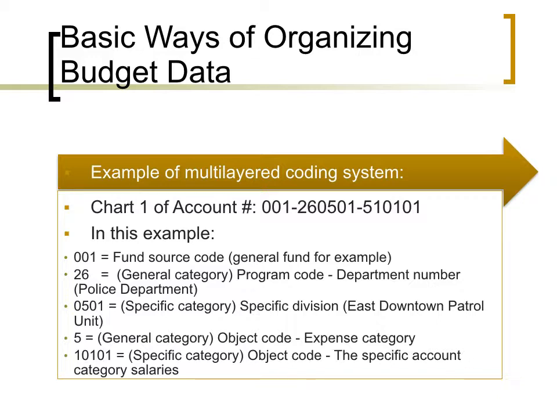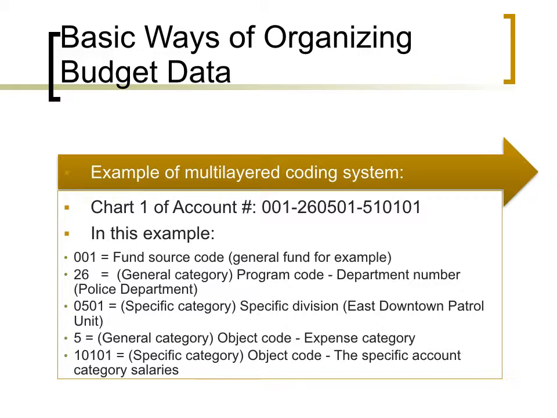Then I also have 0501. 0501 here is a specific category or division, and in this situation 0501 is the East Downtown Patrol Unit within the police department. So again, going back to our number, 001-260501 tells me that this is the general fund, this is the police department, and within the police department this is the East Downtown Patrol Unit.